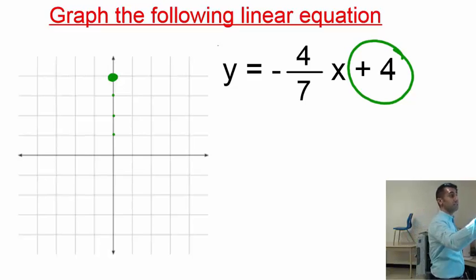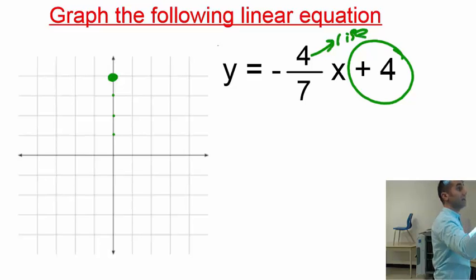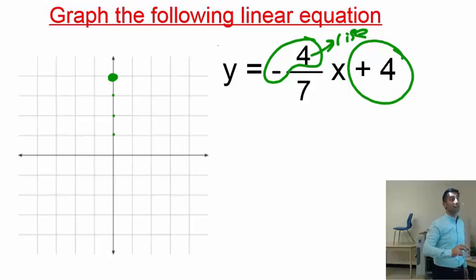Actually, this is rise, right? But there is a negative sign in front of it. Therefore, this time you are not going up, you are going down. Let's go down using a different color. How many units am I going to go down? 4 units. 1, 2, 3, 4.